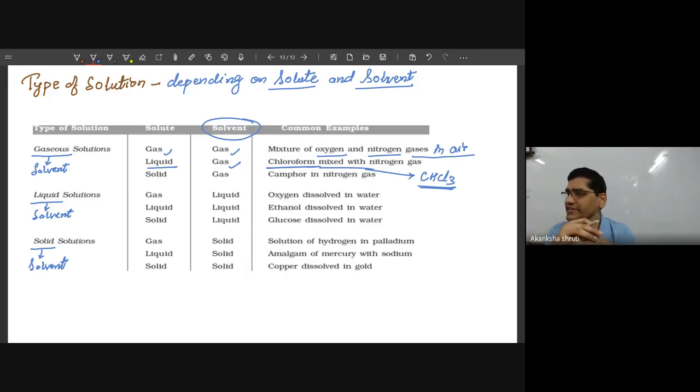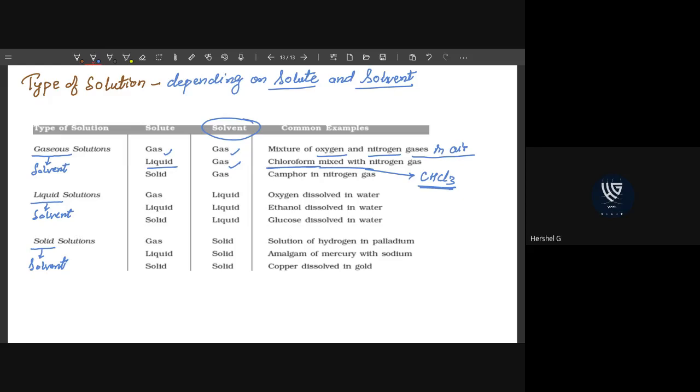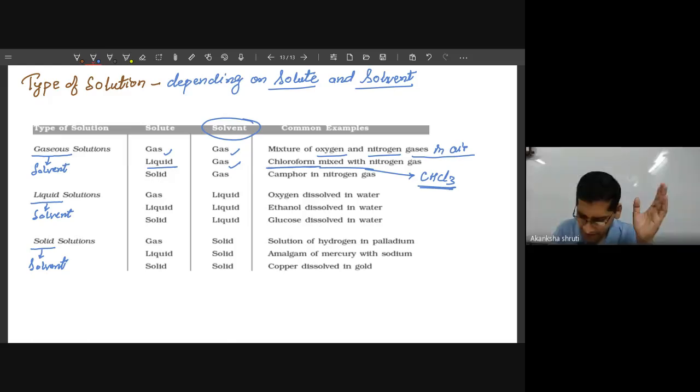Why? Where is it going? Did it first convert into liquid? No. Students, the solid particle itself vaporizes. That vaporizing process is called sublimation. So through the process of sublimation, camphor solid particles just enter into the air.